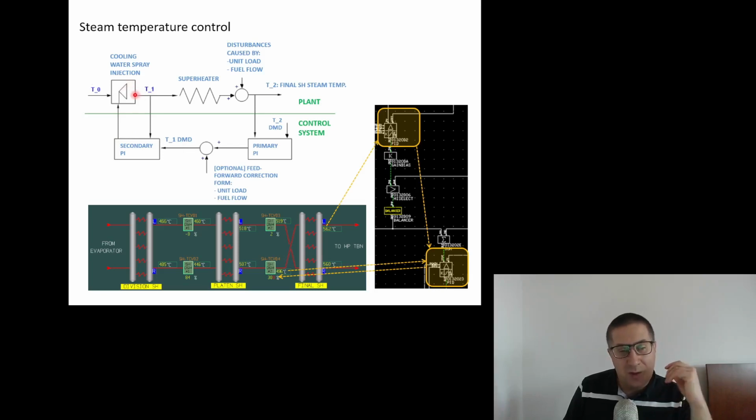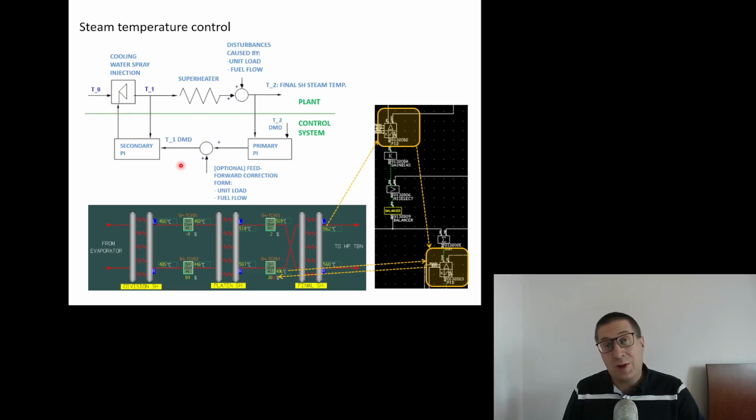If the secondary PI controller adds too much water because of nonlinearity, we will be able to compensate for it in seconds, right? So the plant looks linear from the primary controller's point of view, where the plant is the real plant plus the inner control system.